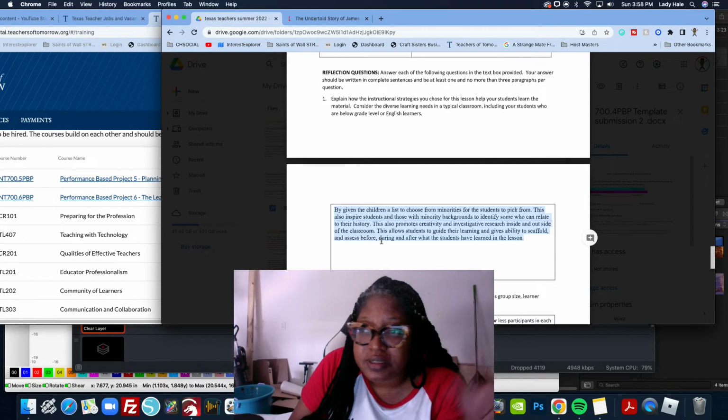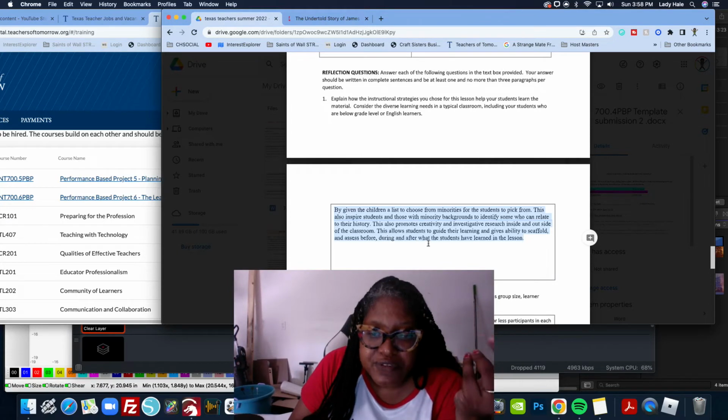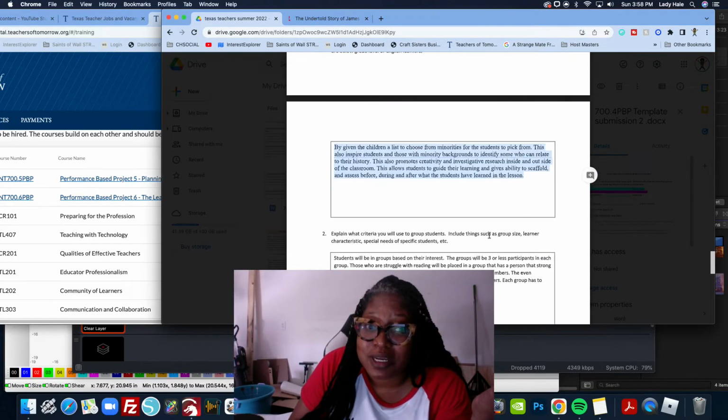Those are keywords. We want to assess before, during, and after to make sure our students are comprehending and understanding what they're learning, and after, what the students have learned in the lesson. That's how I responded to that.